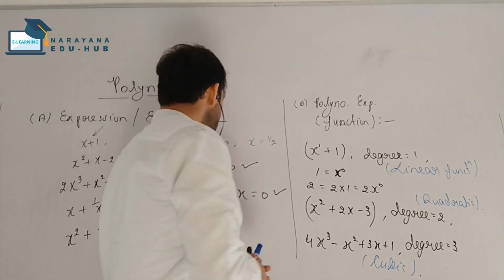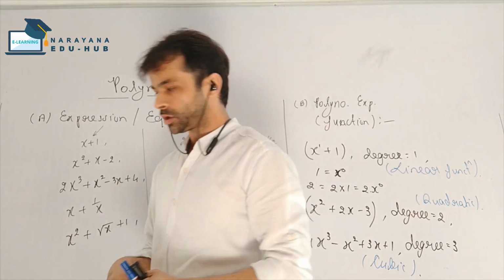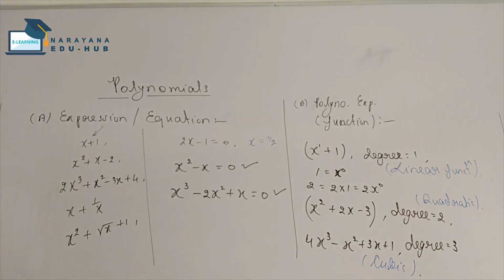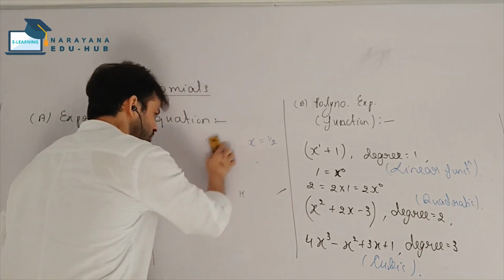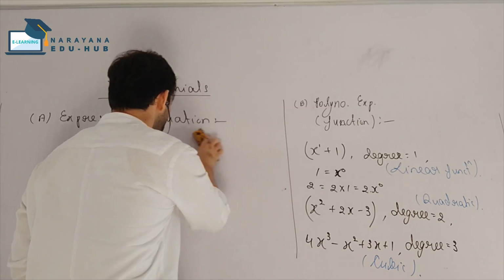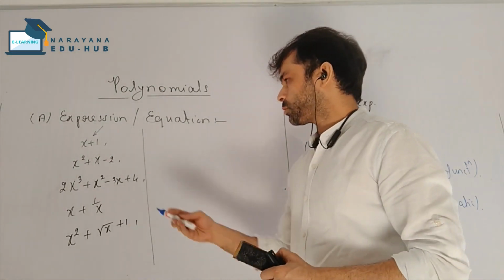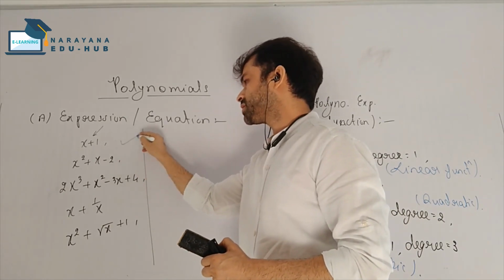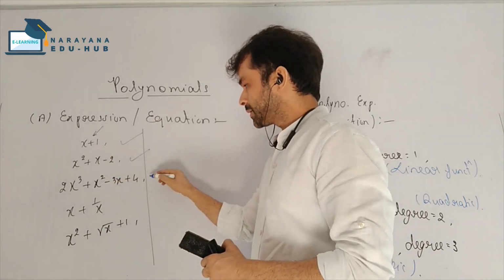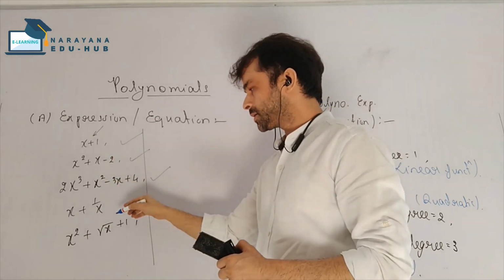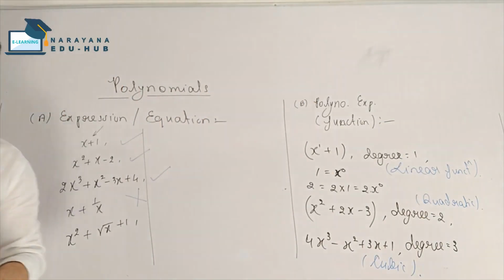Now you can ask whether each expression is a polynomial. This is actually a very important thing, because so many students make mistakes. This is a polynomial of degree 1, this is a polynomial of degree 2, this is a polynomial of degree 3, but this is not a polynomial. Why?